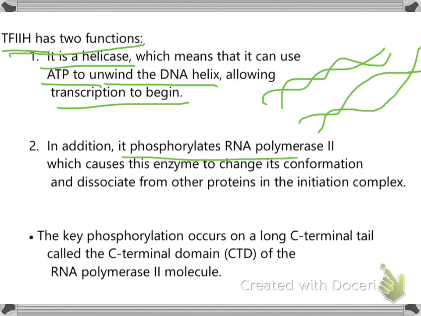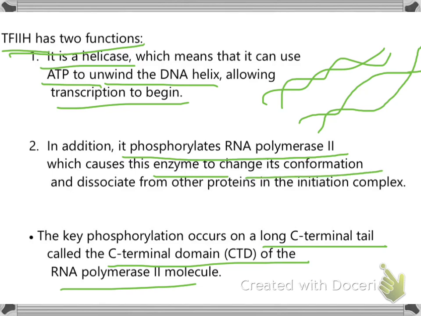The next function is that it phosphorylates RNA polymerase II. The RNA polymerase II is phosphorylated at the C-terminal tail, called the C-terminal domain, CTD, of the RNA polymerase II. So this protein TFIIH will phosphorylate the C-terminal domain of the RNA polymerase II, so that this enzyme can change its conformation and dissociate from other proteins in the initiation complex.